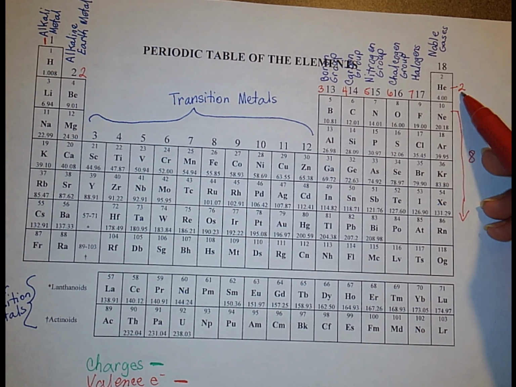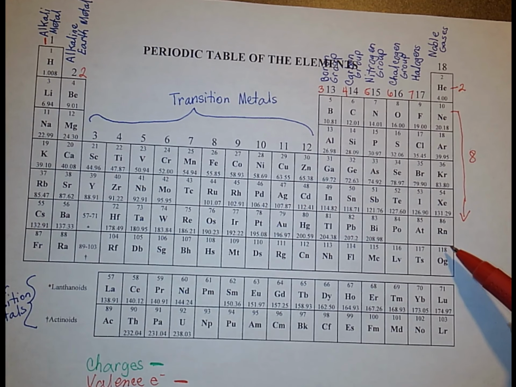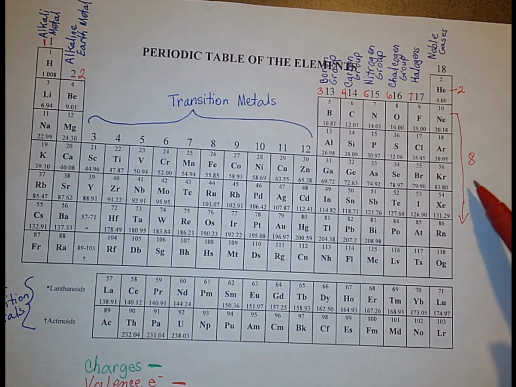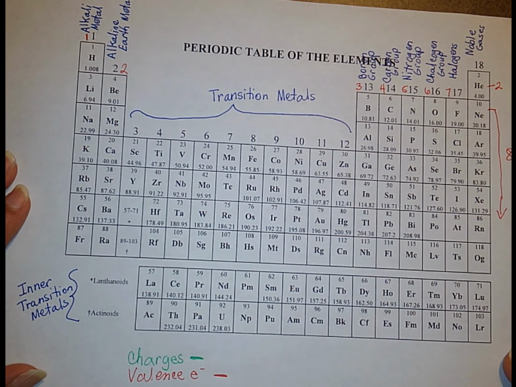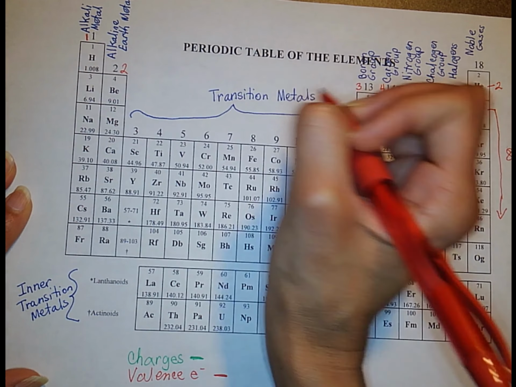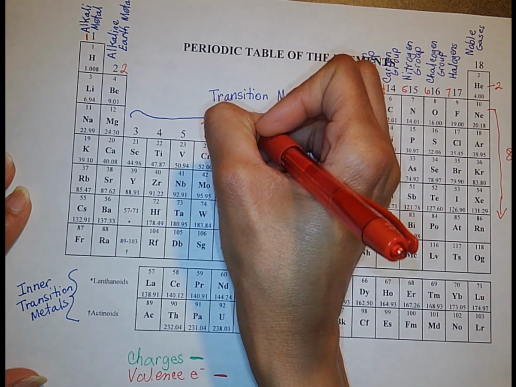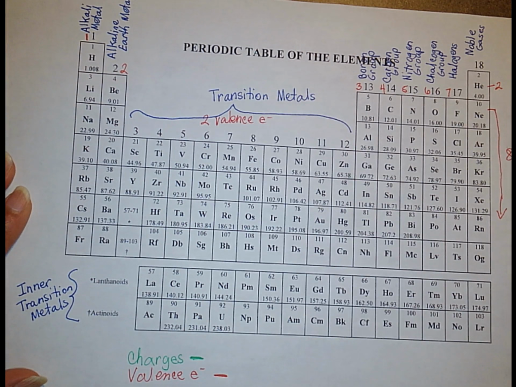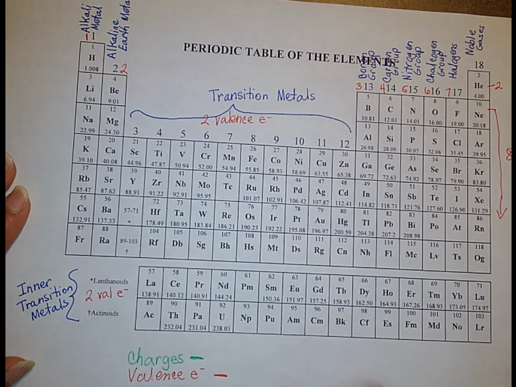Okay, so helium has 2 valence electrons, and then in the noble gases, neon and all the noble gases afterwards have 8 valence electrons. In your transition metals, you have 2 valence electrons. Okay, and in your inner transition metals, you also have 2 valence electrons.